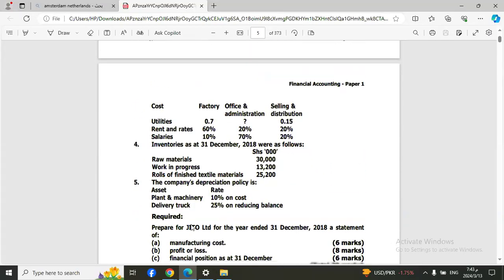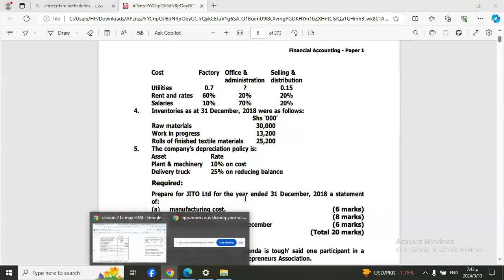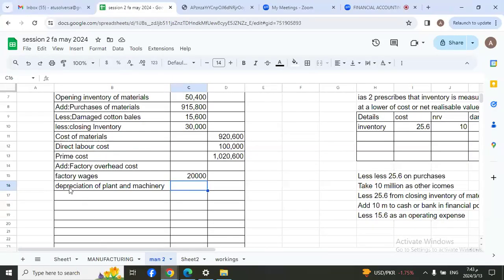So we are saying it is 10% on cost. So we come and say depreciation on plant and machinery equals to 0.1 multiplied by 700,000.